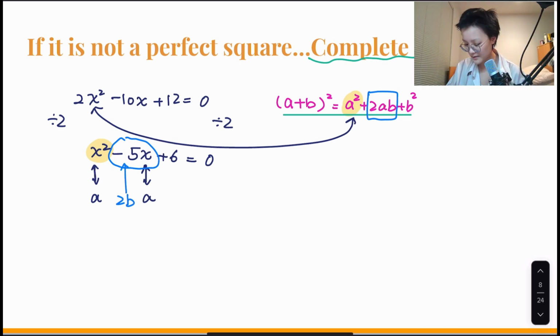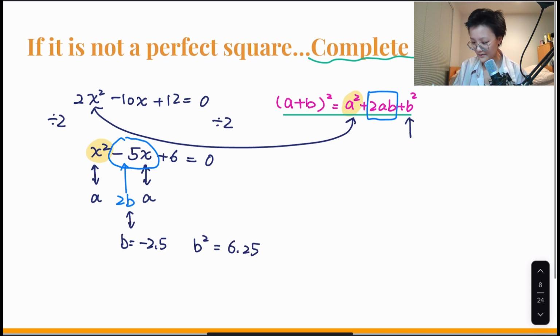We also need a b squared. So if we have 2b equals negative 5, b would equal negative 2.5, right? And in order to complete it, we also need b squared, and b squared equals 6.25, I believe.